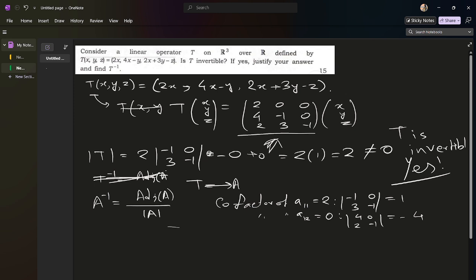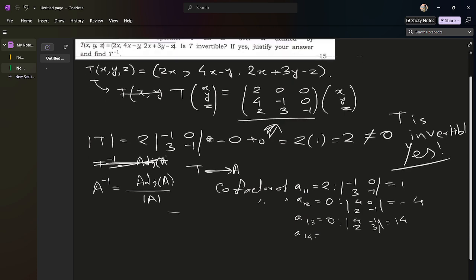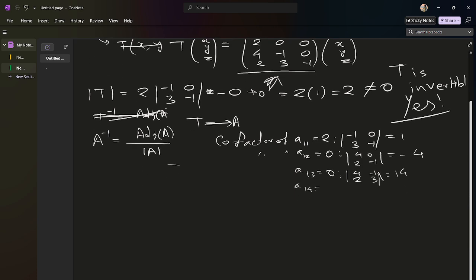So there is minus 4. Now the cofactor of A13: the minor is (4, minus 1; 2, 3), so 12 plus 2, it will be 14.